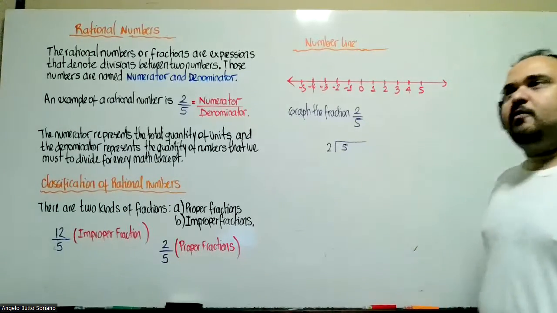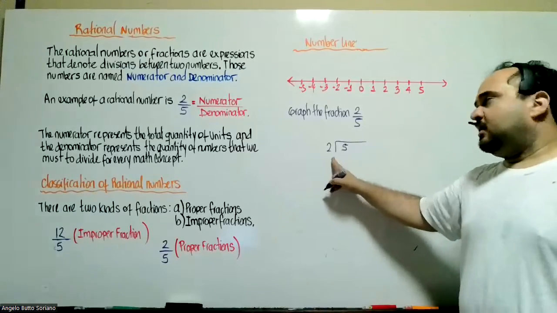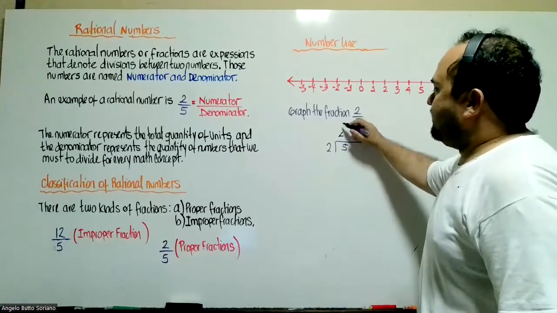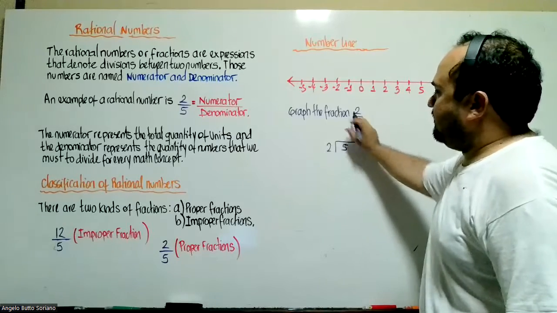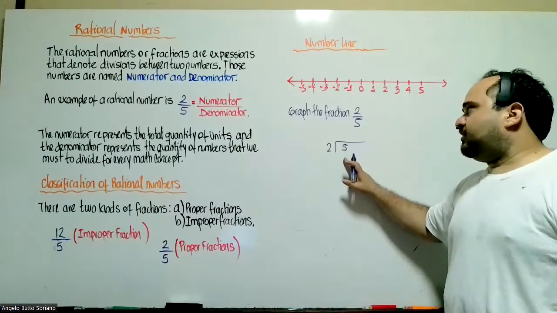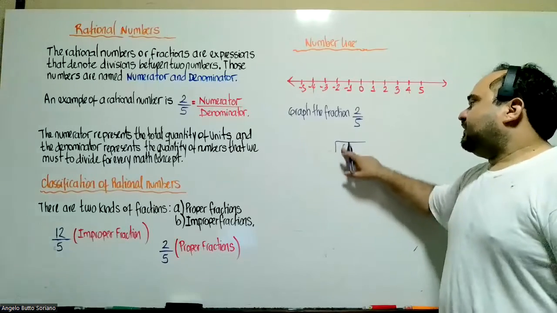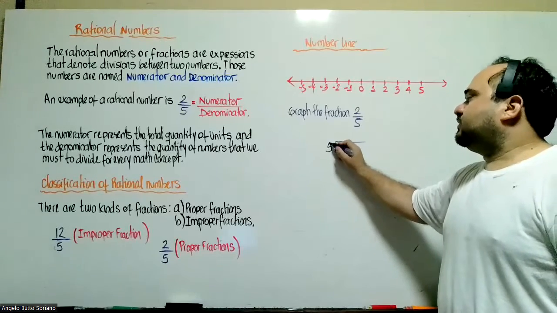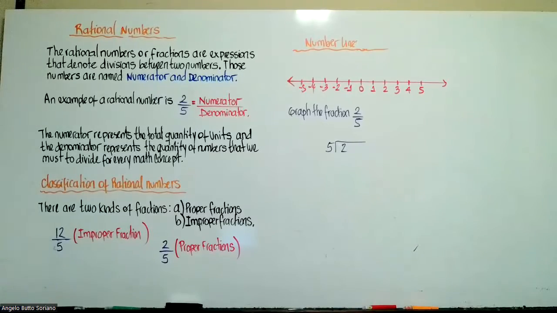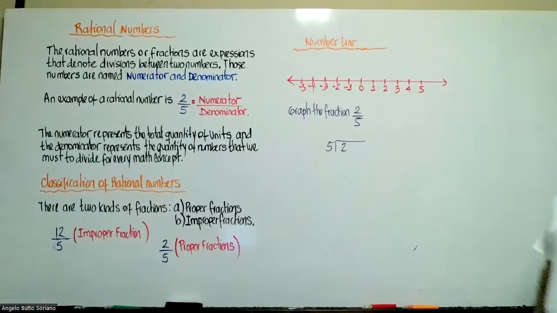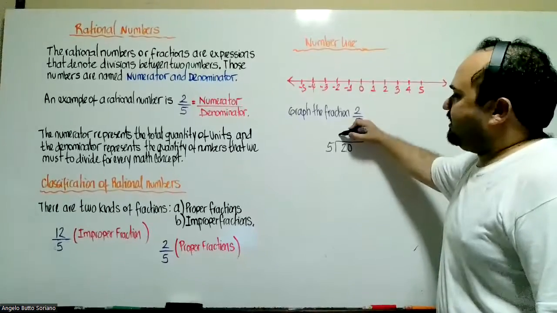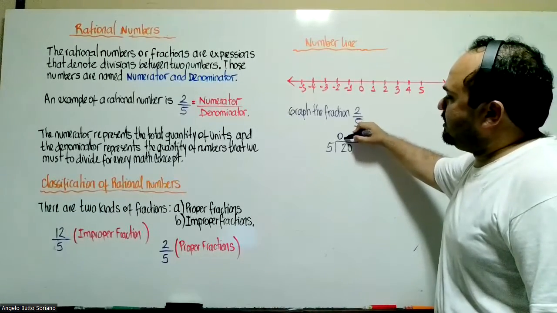We have to look for a number multiplied by 5 that reaches 2 or approaches 2. That's not possible because 2 is smaller. So the only thing we must do is add a 0 here and add a 0 in the quotient.